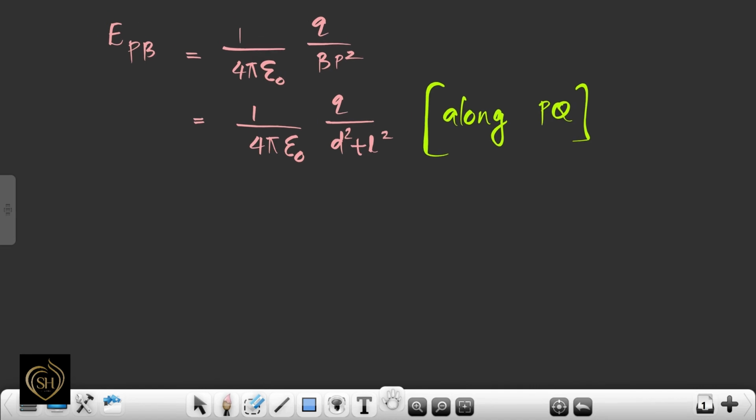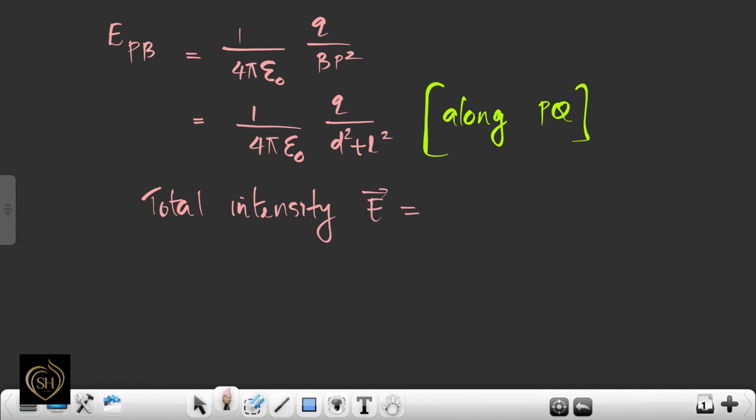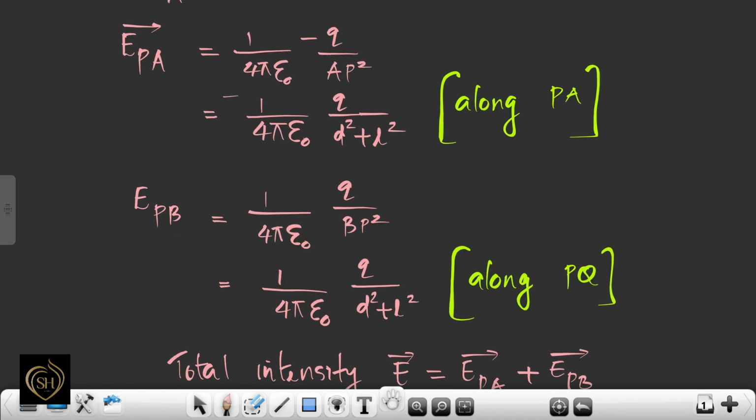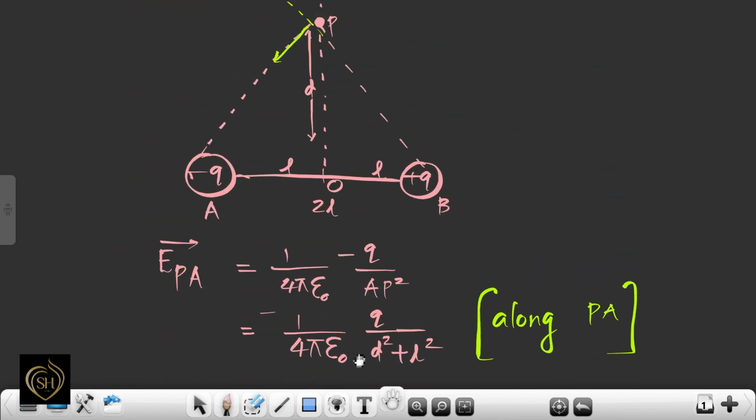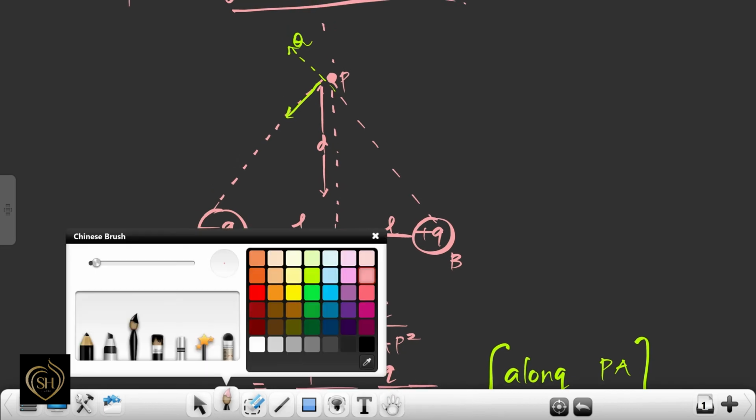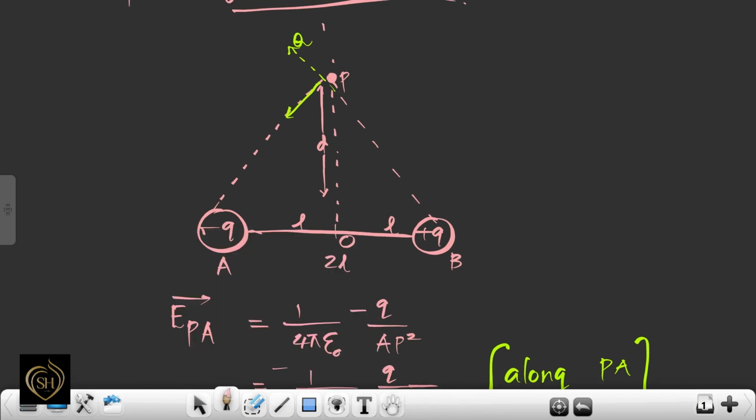Now we have both EPA and EPB. We want to find the total intensity E. Total intensity is equal to EPA plus EPB. Since intensity is a vector quantity, we can resolve it.